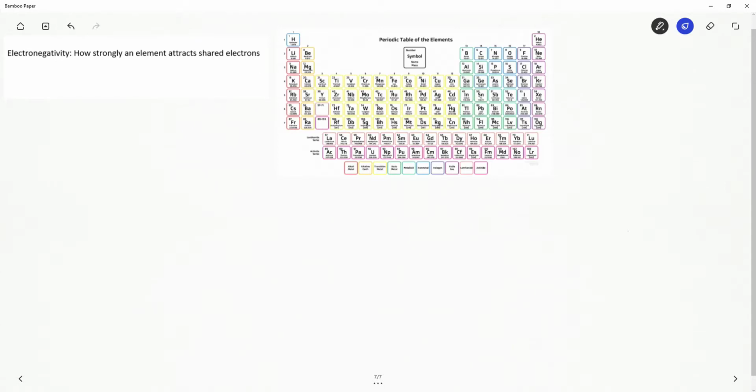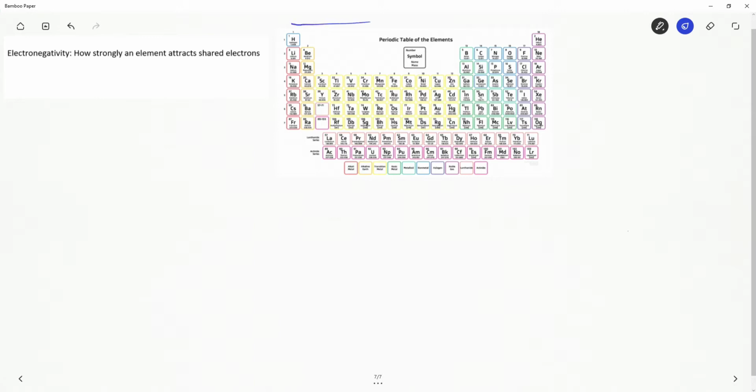Now, the first thing that we are going to learn about is electronegativity. So let's get started. We define electronegativity as how strongly an element will attract shared electrons. If we're looking at the periodic table, we can draw general trends for electronegativity.